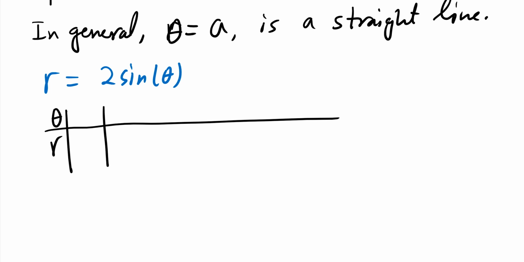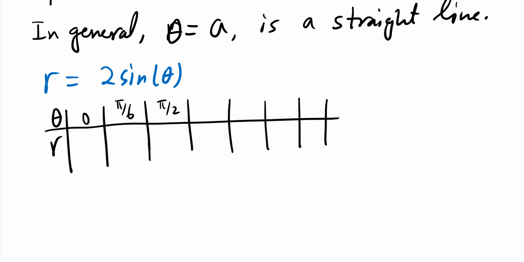What angles theta can you pick? 0, pi over 6, pi over 2. These are coming from the unit circle. 5 pi over 6, which is 150, then 180, 240, 270, 11 pi over 6, and then 2 pi.